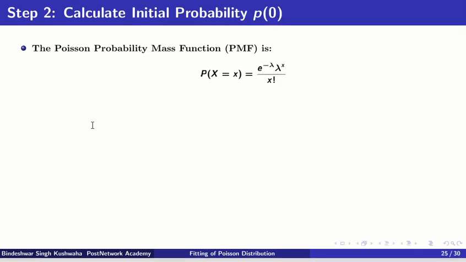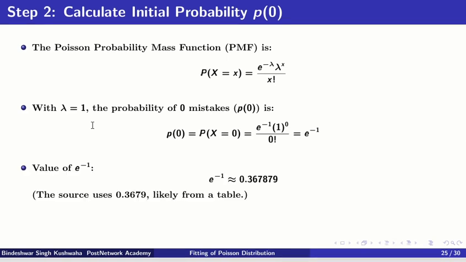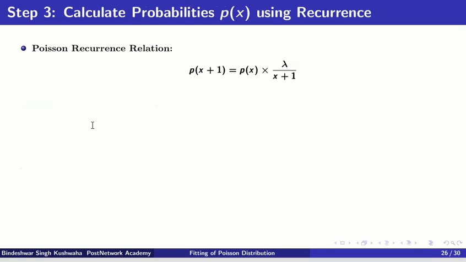Now the Poisson probability mass function is e raised to minus lambda into lambda raised to x upon factorial x. So P0 would be e raised to minus 1 into 1 raised to 0 upon factorial 0, that is e raised to minus 1, equal to 0.367879, so P0 would be 0.3679.